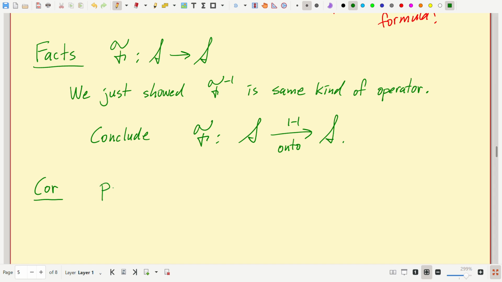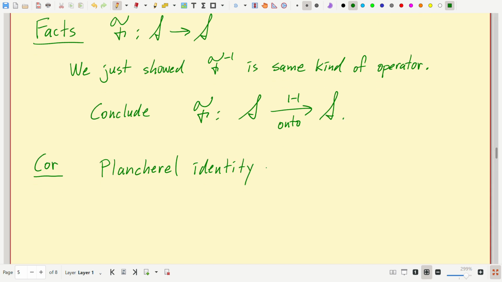the Plancherel identity. And this is true for functions in the Schwartz space.